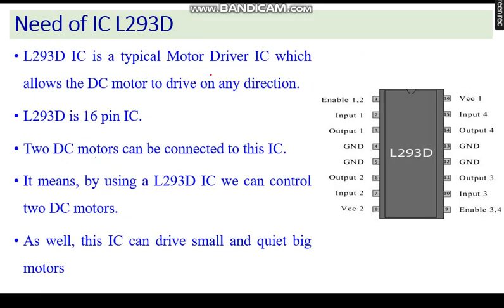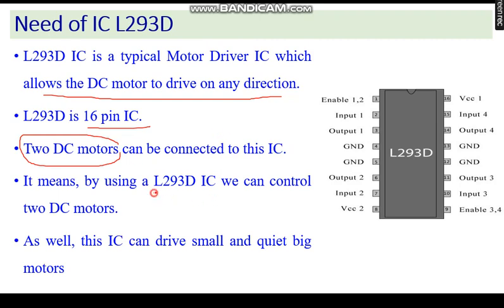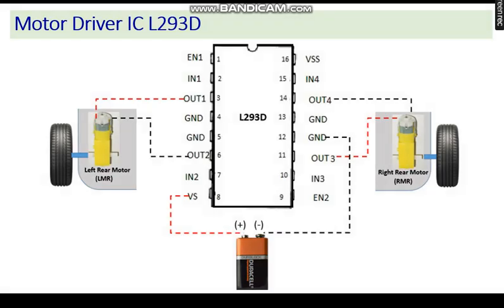This IC allows us to drive a motor in any direction. It is a 16-pin IC, and we can connect a maximum of 2 motors to it, so using this IC we can control 2 DC motors at a time. Here you can see the diagram.